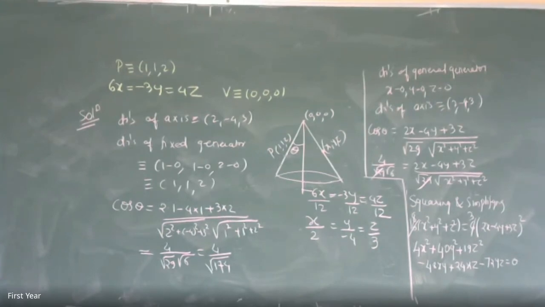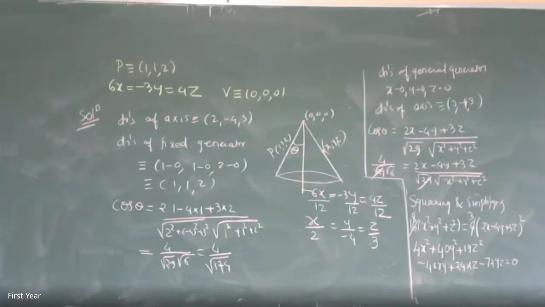Can't take 0, 0, 0, that's why take 1, 1, 1. So x by 1 equal to y by 1 equal to z by 1 will be the equation of the axis. Is everybody getting this part? The equation of a line equally inclined is x by 1 equal to y by 1 equal to z by 1. And 1, 1, 1 are the direction ratios of the axis.